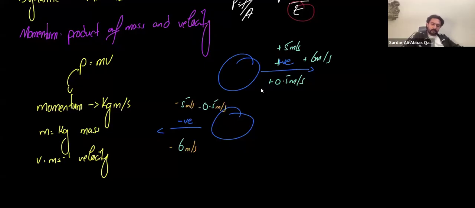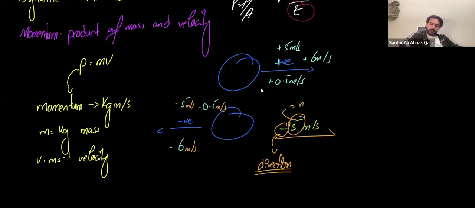Now if I write minus 5 meters per second, there are three things in this. There's a negative sign. Always remember that the negative sign represents your direction. This 5 is your magnitude. It represents the value, the amount of something.